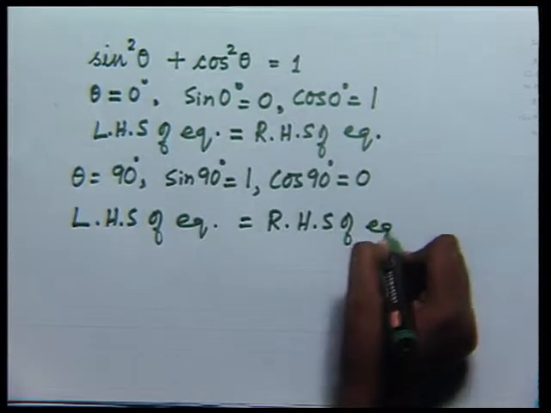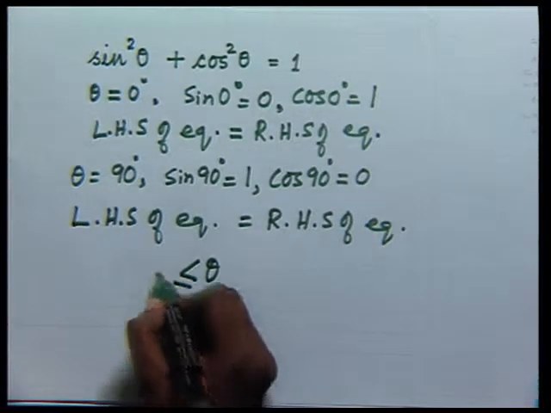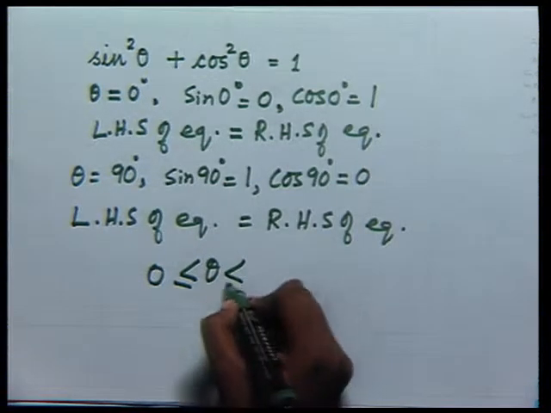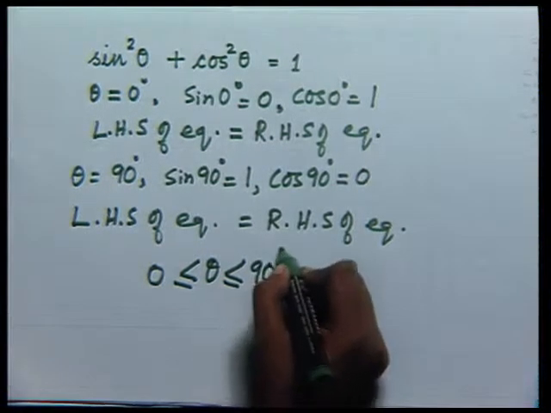That means the equation is defined between 0 and 90 degree, including the values 0 degree and 90 degree. So, we say that theta is defined in the interval 0 to 90 degree.